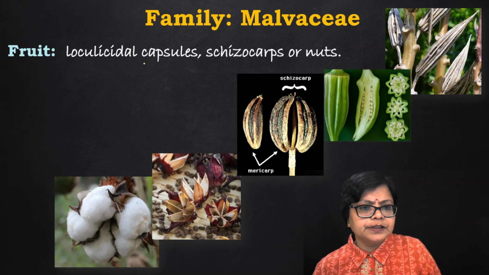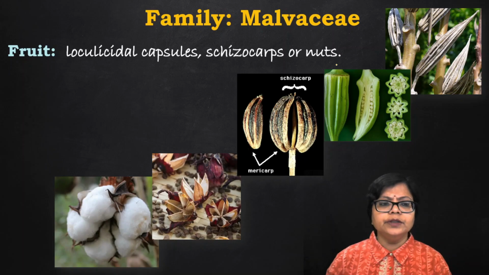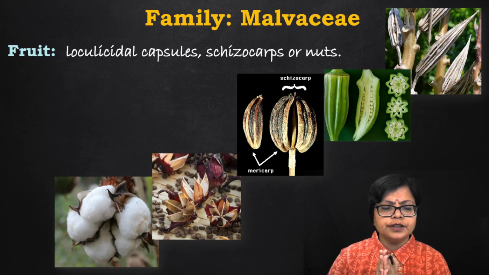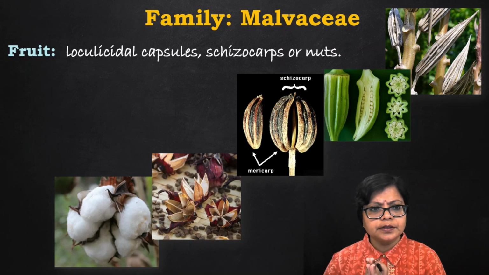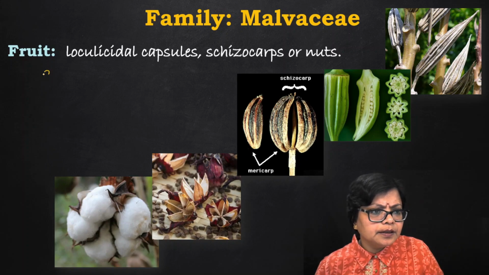Now the fruits. Loculicidal capsule or schizocarp or nuts. As I told you that carpels are many, so the fruits develop from many carpels, and that fruit is dry and dehiscent.